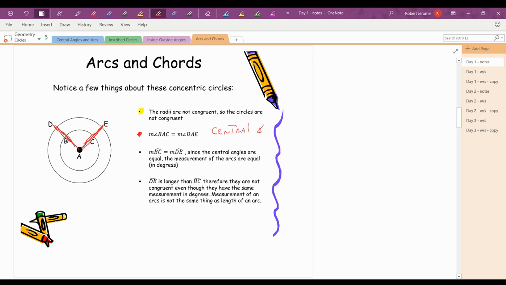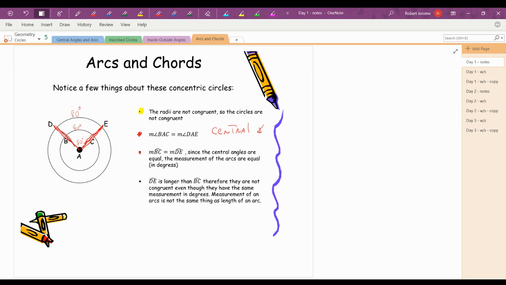Now let's keep in mind what that means to us. For example, if we said that this was an 80-degree angle, then BC is an 80-degree arc, and DE is also an 80-degree arc. So the arcs are equal in measurement.